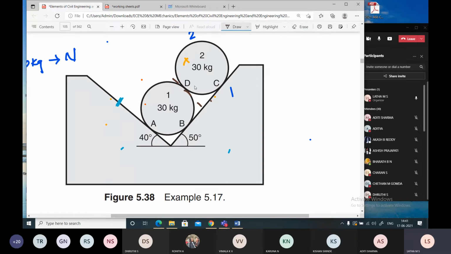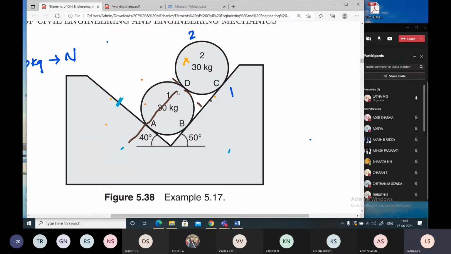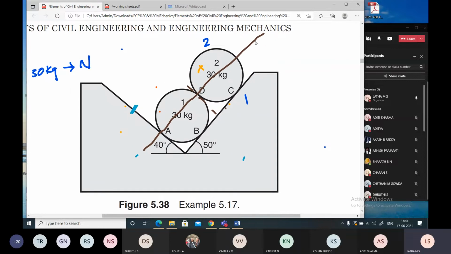At point A, at point D, I'll drop a line such that it is meeting point A and point D, and it is parallel to this edge. This edge is inclined at an angle of 50. If I complete a triangle here, even this is at an angle of 50. This is at 90 degree.